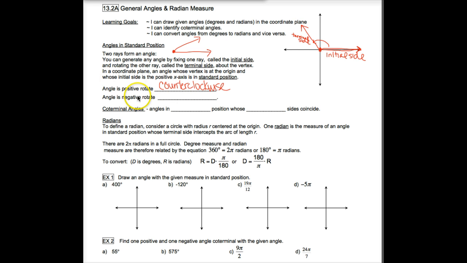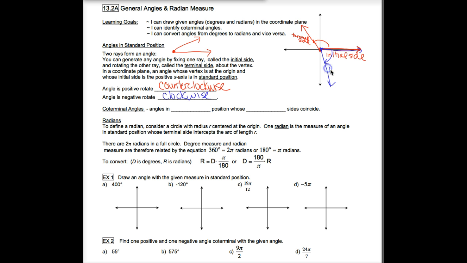Angles that are negative, which I know sounds weird, we've not talked about negative angles, but we are talking about general angles, and in the coordinate plane we have angles that are negative. Angles that are negative are simply ones that from standard position rotate the opposite direction, meaning that they rotate clockwise. So they have the same initial side right here and the same vertex at the origin, but they're rotating this direction.